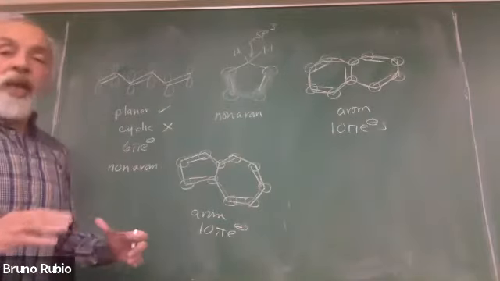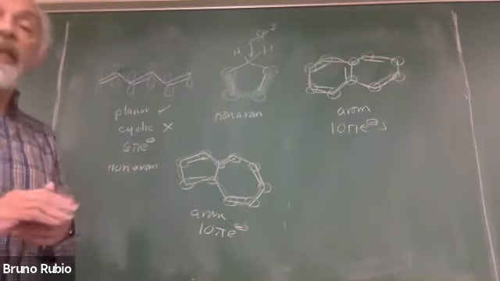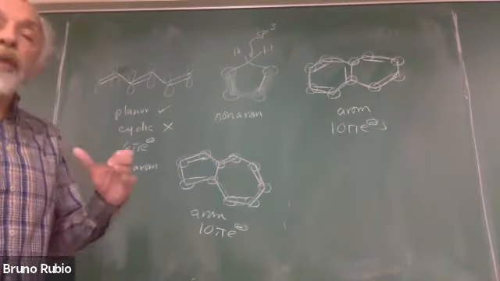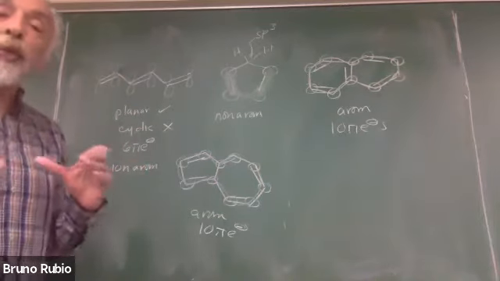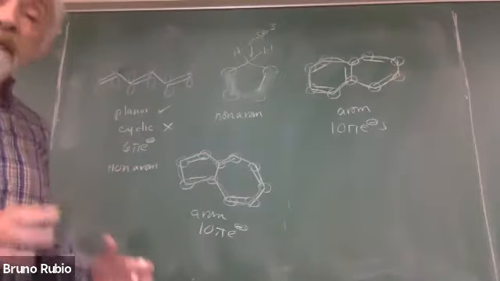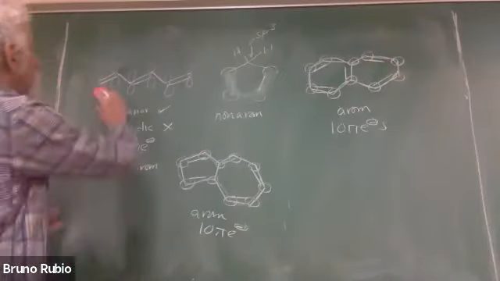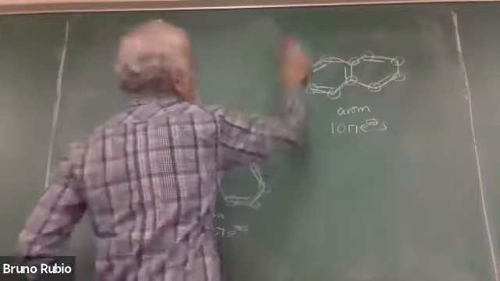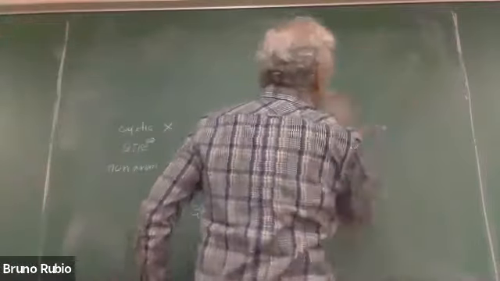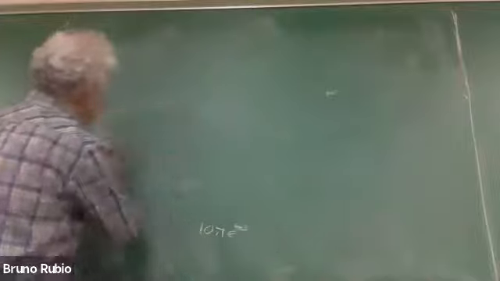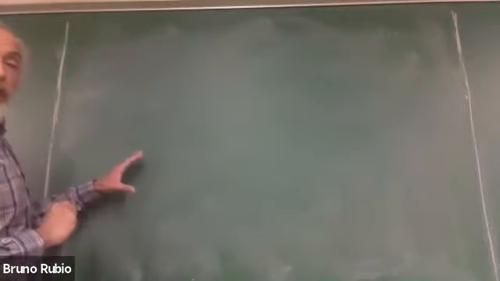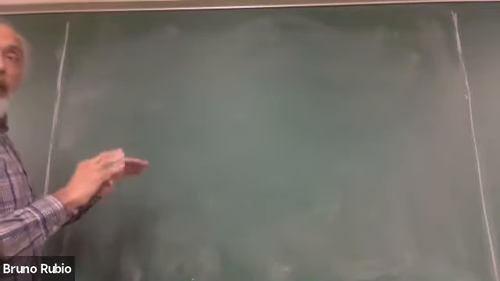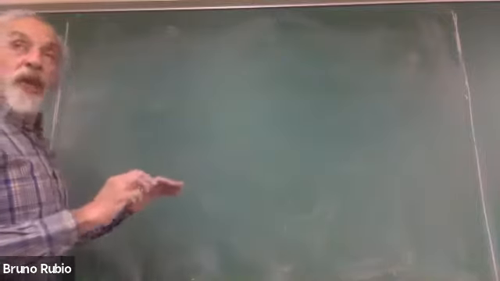Okay, so now let's ratchet up the level of complexity a little bit more, one more notch, and let's talk about what would happen if a triple bond were involved in the structure. Okay, so I'm going to draw a molecule that has a triple bond. I'm going to talk about how to count up electrons in a triple bond.